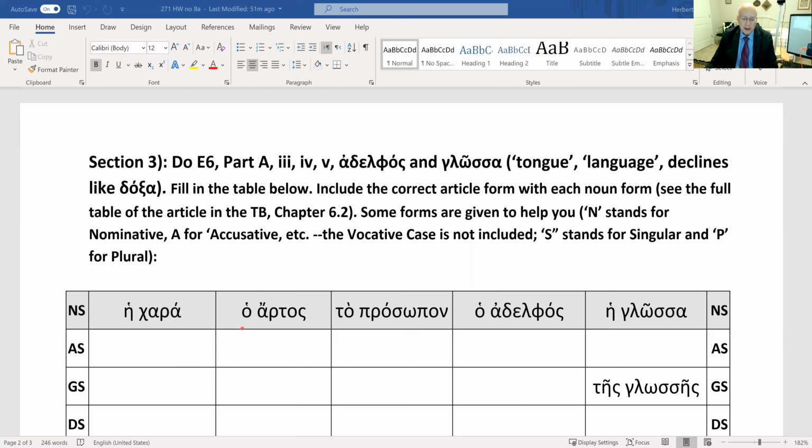Yes, it follows the pattern here with the accusative, but when you come to the genitive, it looks like the eta nouns. In the textbook, these are called alpha pure nouns.